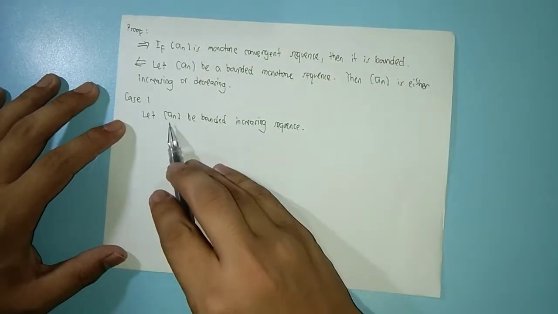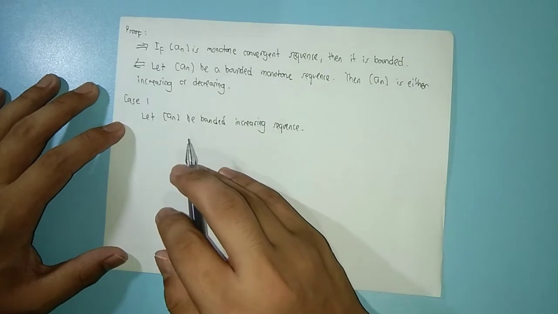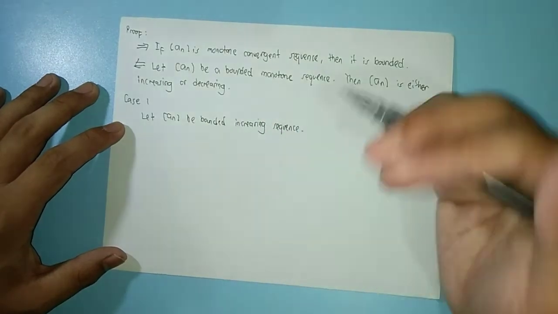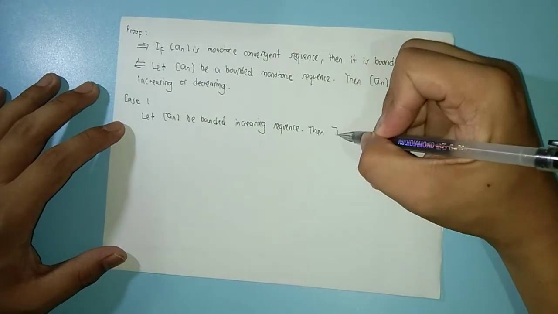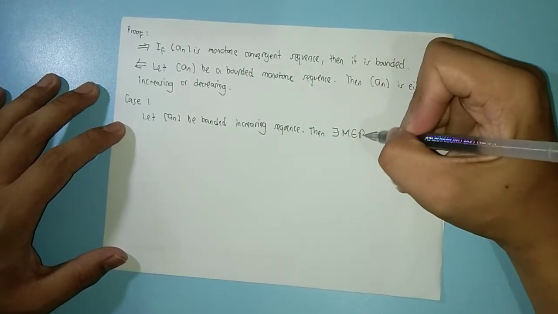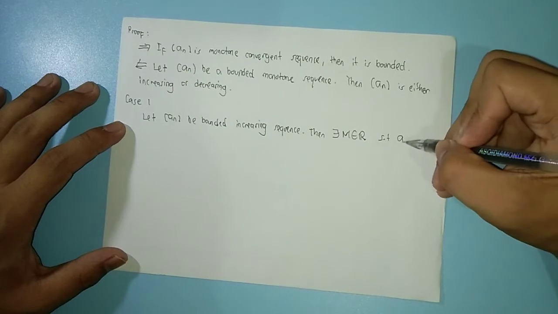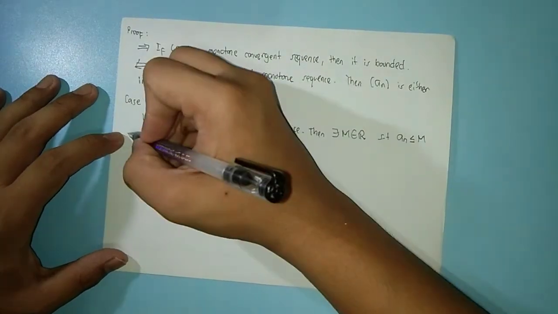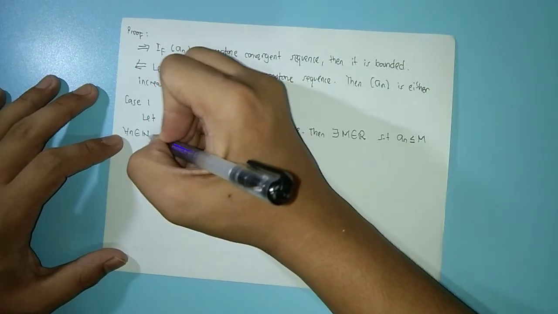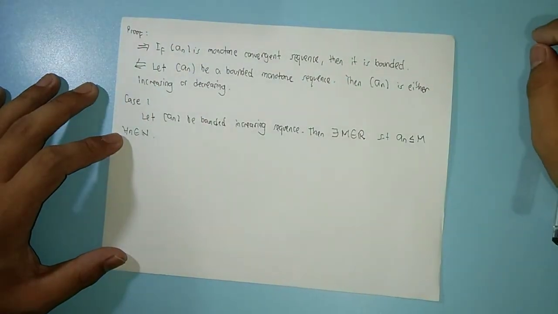Now, kung ang a sub n natin ay bounded increasing sequence, by definition of bounded sequence, may mag-e-exist na real number m. So, then there exists real number m such that the sequence a sub n is less than or equal to m for all natural number n.